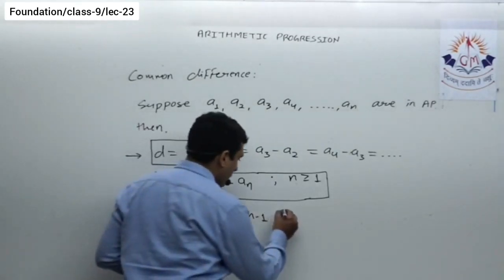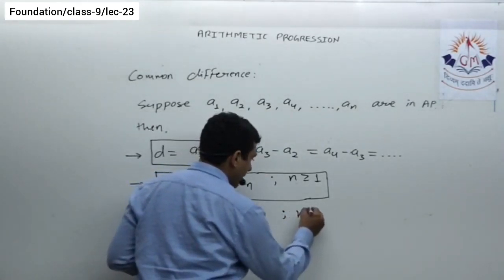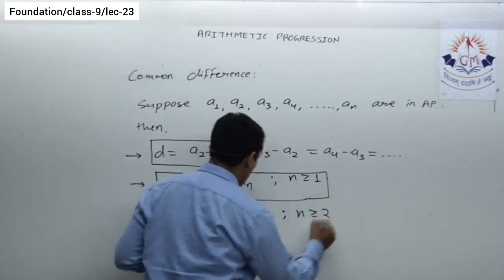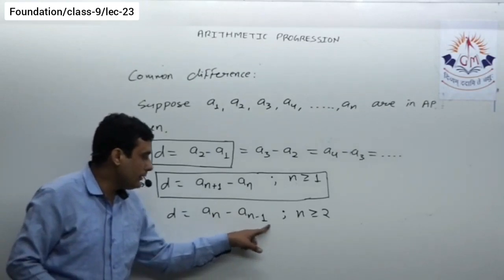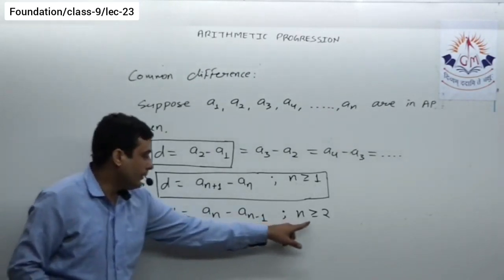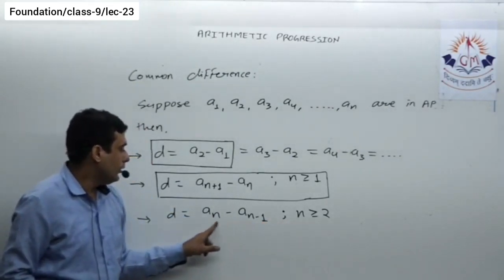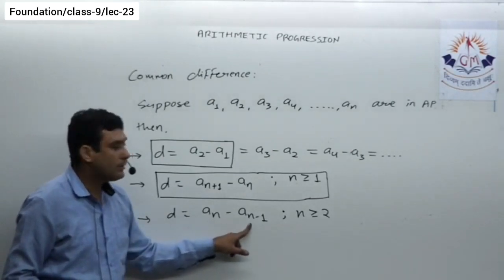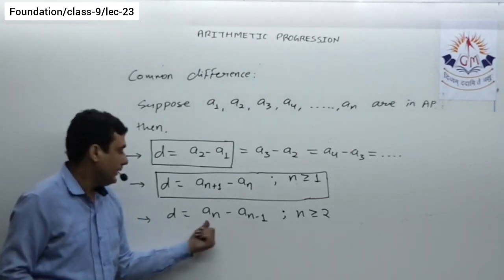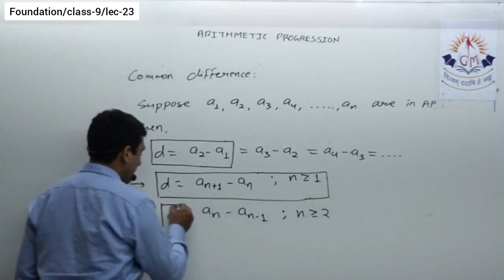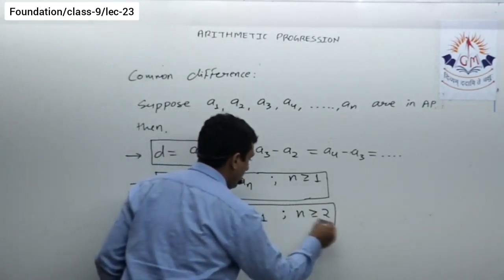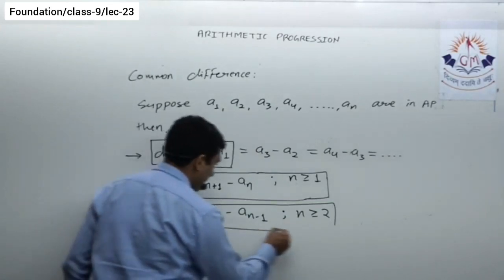Now this is also correct, but with the condition n greater than or equal to 2, because if I put n equal to 1, this will be 0. So here n should be greater than or equal to 2. So a2 minus a1, a3 minus a2. So this is also correct, and you have to keep this in mind.